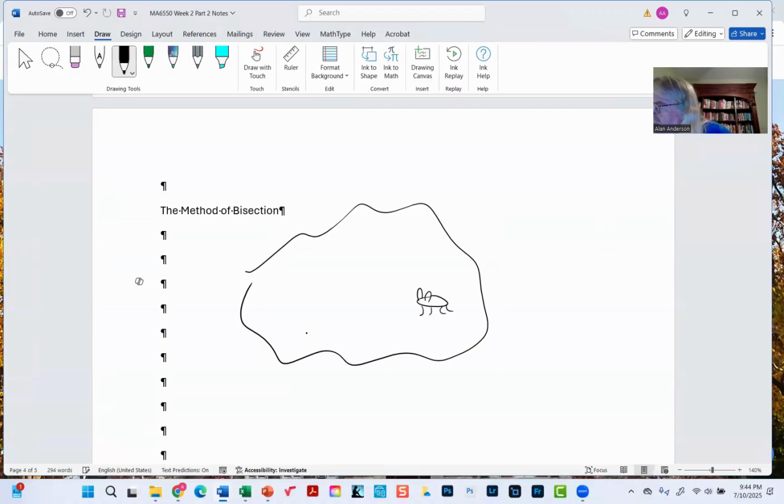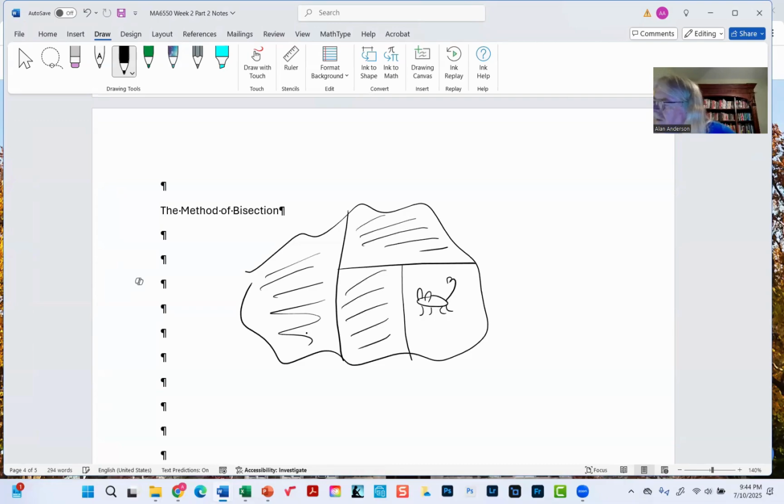Well, it looks like a rat, but let's say that's your lion. So what you do is you cut the desert in half and you say, well, he's not here. So let's cut this remaining half in half. He's not here. Let's cut this in half. And let's cut this in half. And eventually you have to find the lion.